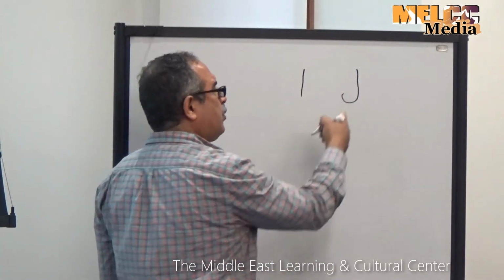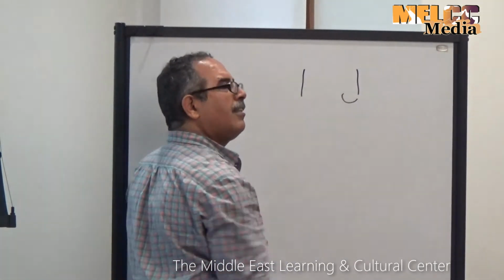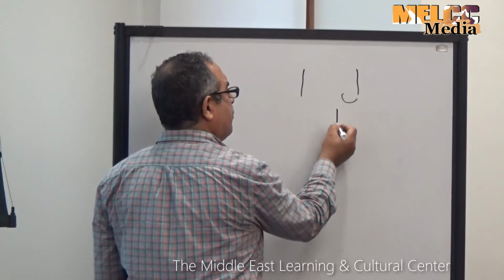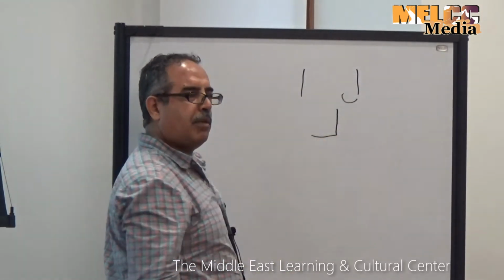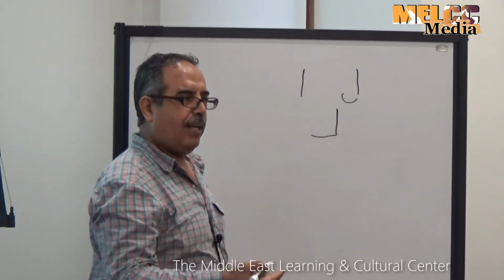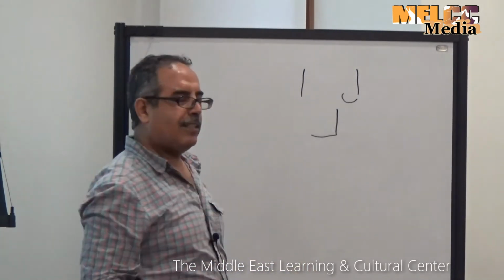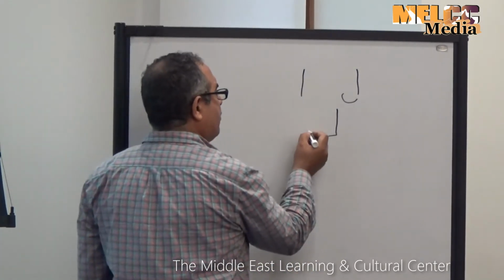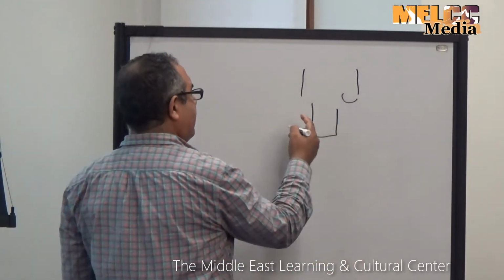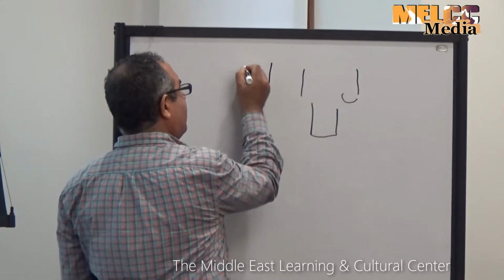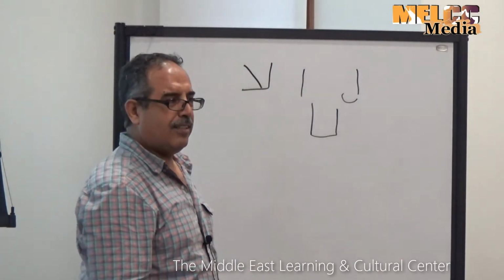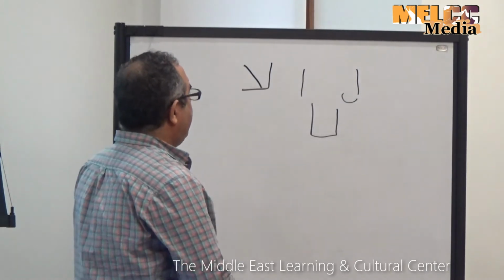So together, what do we do with the lam? We extend the lam to reach the second letter, which in this case is alif. Do we write alif like that? No, because we just said we should write lam and then alif, like, tilted. This is handwriting.